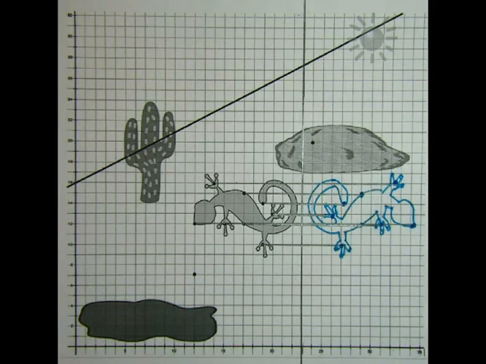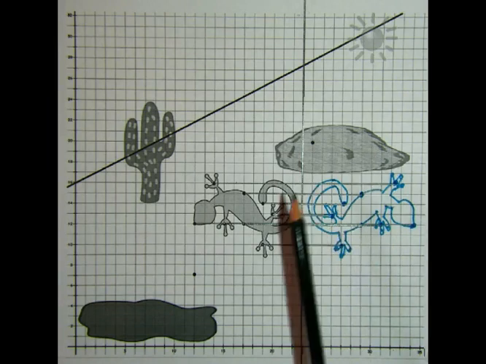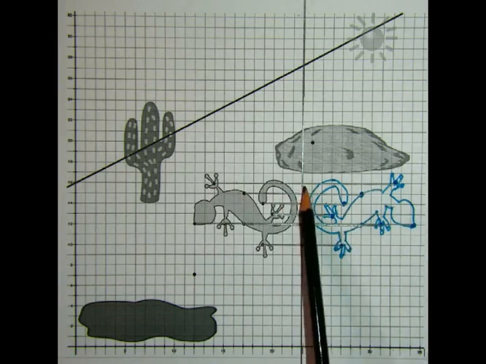We can see that the segments connecting the corresponding pre-image and image points are parallel, like the translation. Unlike the translation, these segments are not congruent to each other. We can see that they are equidistant from the line of reflection.